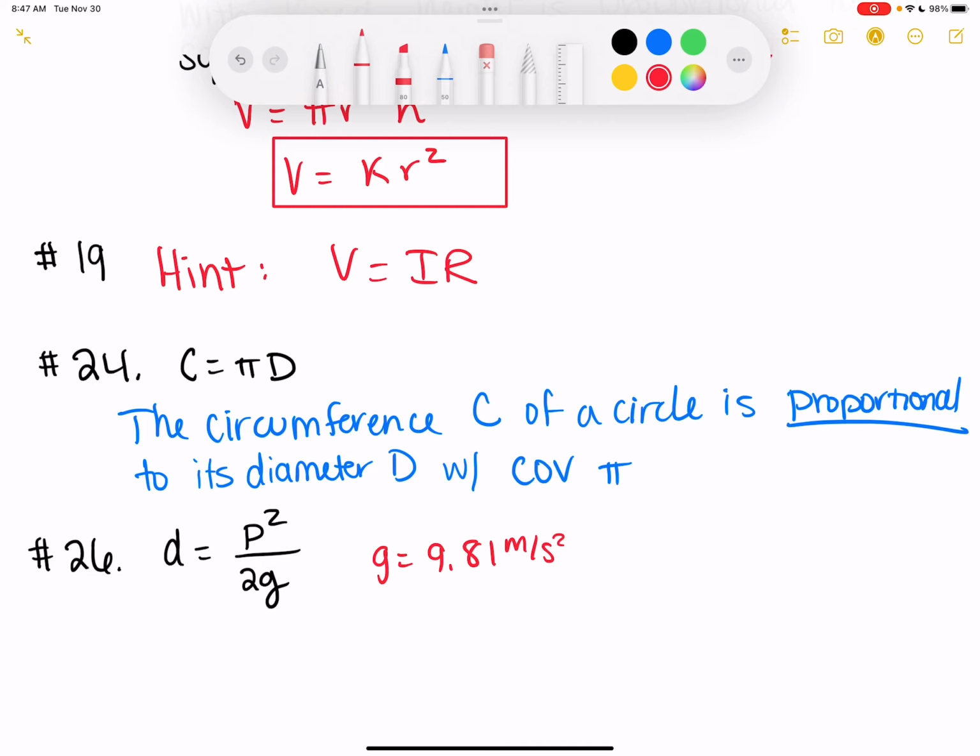So you're going to say D, the distance, is proportional to P squared, with a, well, not a constant because it's dividing. Divided by, well, wouldn't that be a constant? Because it's the number.